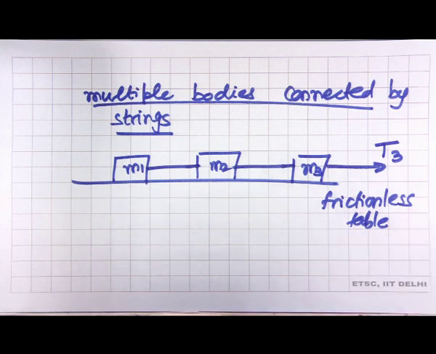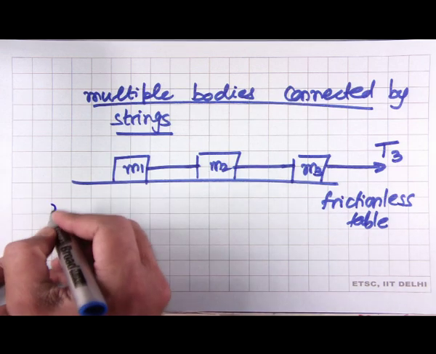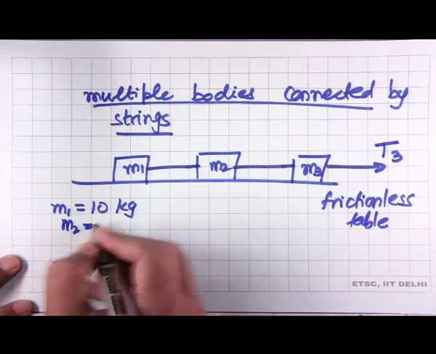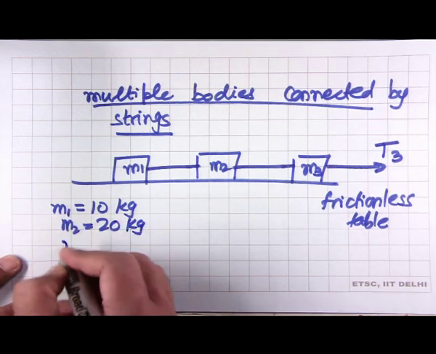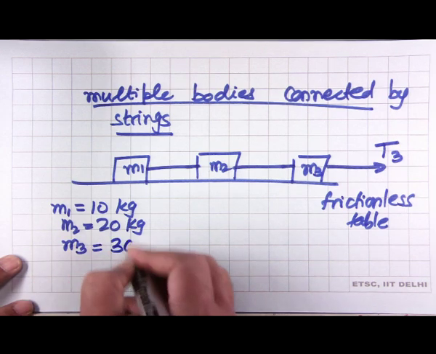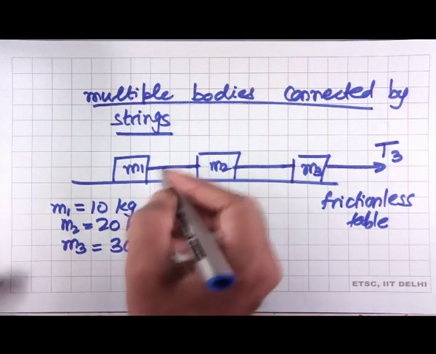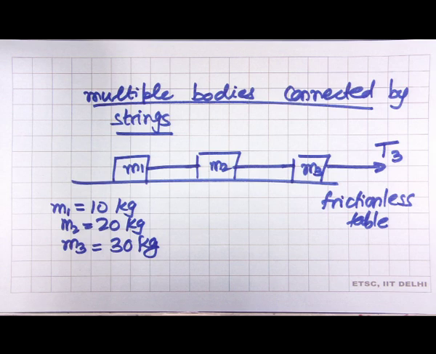What we have been given is mass m1, which let us say is 10 kilograms, mass m2 20 kilograms, mass m3 30 kilograms, all connected together by strings.